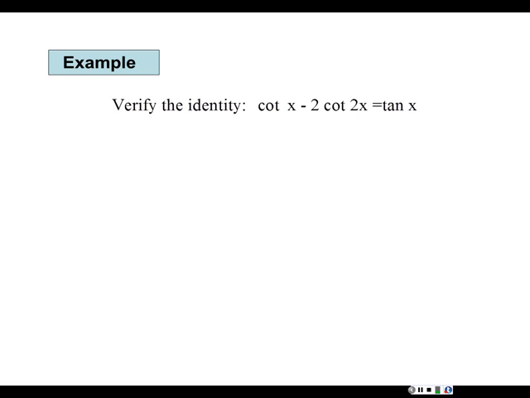If you simplify it a little bit, you will have 1 over tan x minus 2 tan x over 2 times 1 minus tan squared x. You can simplify it by multiplying the denominator and numerator by 1 minus tan squared x.